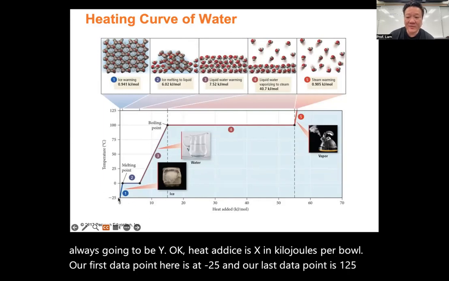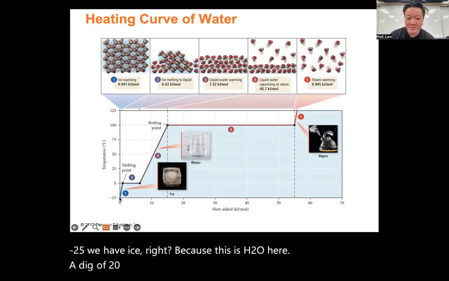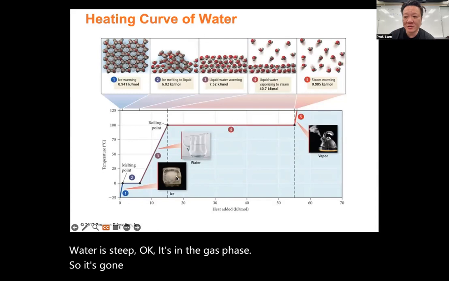At -25, we have ice, because this is H2O. At -25, water is a solid, called ice. And at 125, water is steam, in the gas phase. So it's gone through 2 phase changes, right? And so let's track it.